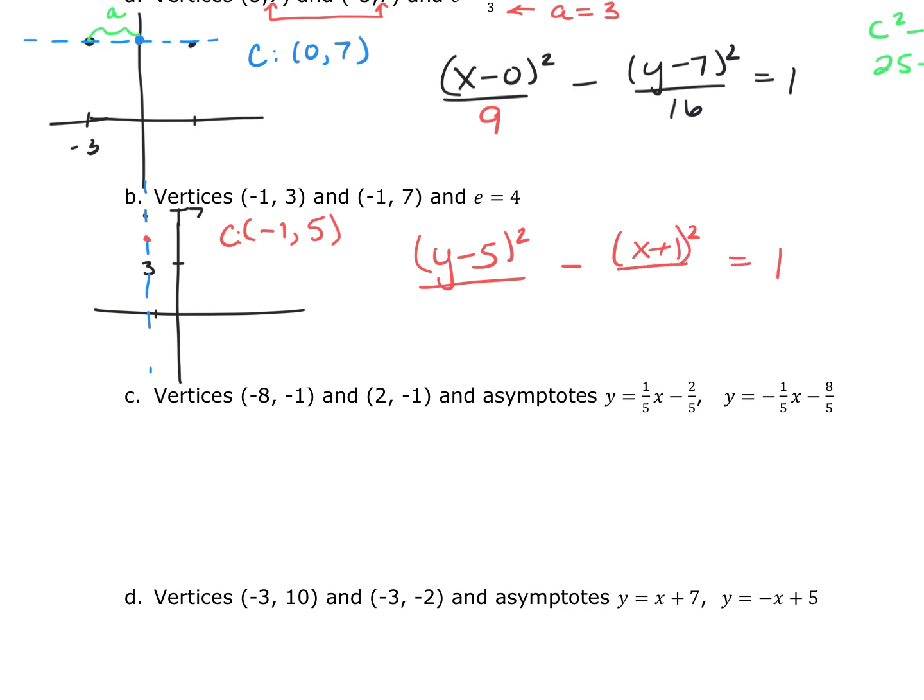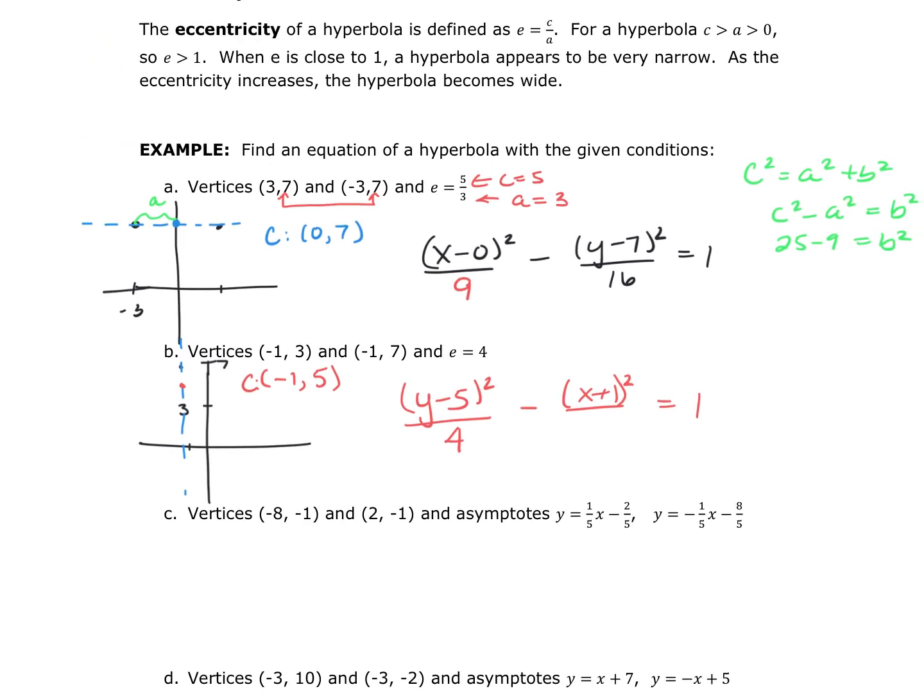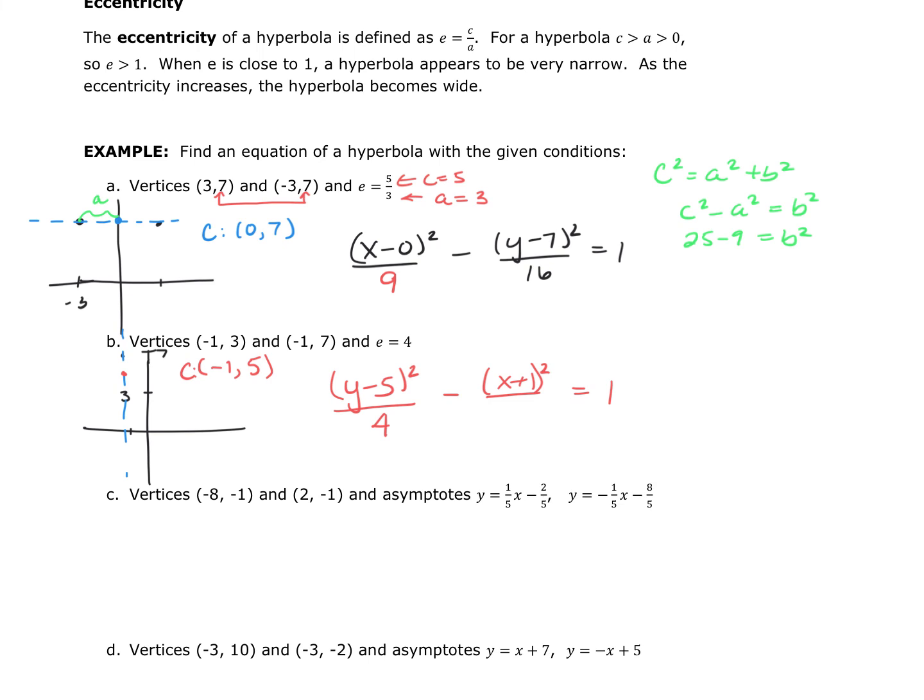Now I just have to figure out all of that information. Well, I know what my a is, right? My a is the distance from the center to a vertex, and I traveled a distance of 2. So that tells me this must be 2 squared, or in other words, 4. So I found my a. Now remember, my eccentricity, e, is equal to c over a, and e is 4.